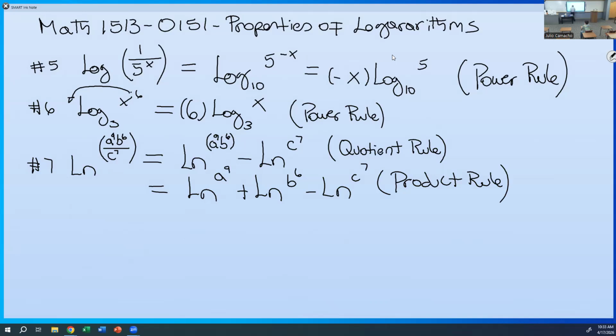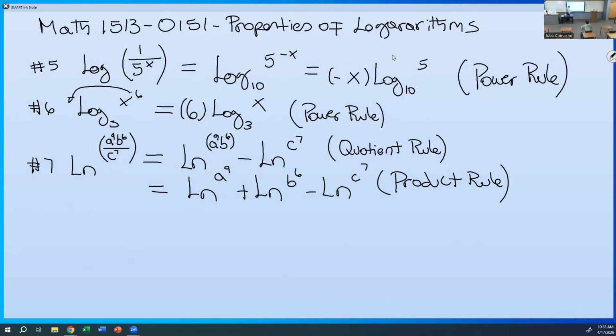And then we use the power rule to simplify this expression, because we have an exponent that is raised to another exponent. Every time that you have an exponent raised to another exponent, you can use the power rule to simplify.